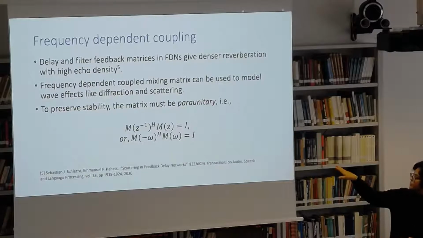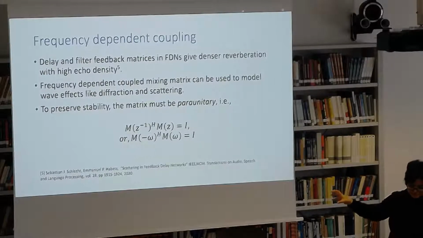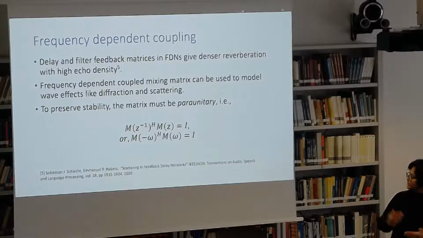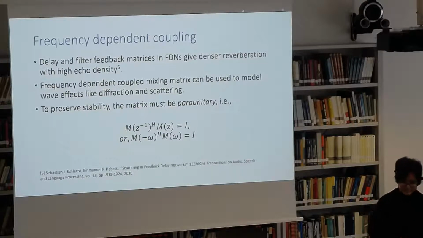So if we were to write it as a function of Z, then this identity has to hold true. So if you take the inverse of it and then do the Hermitian transpose and multiply with itself, it has to be identity. So this is what is known as a para-unitary matrix, and this guarantees system stability.